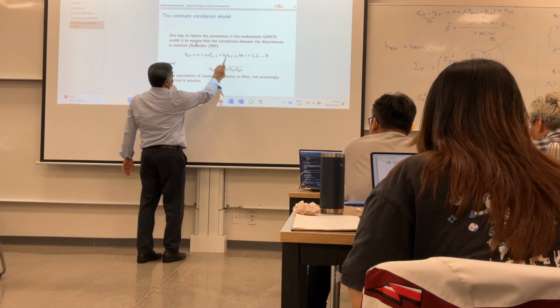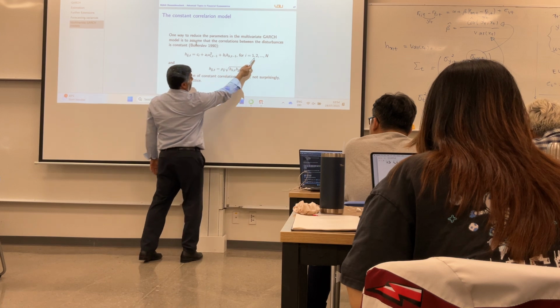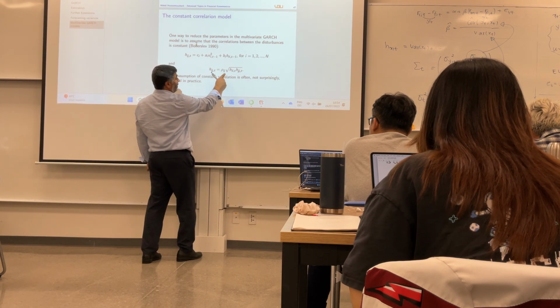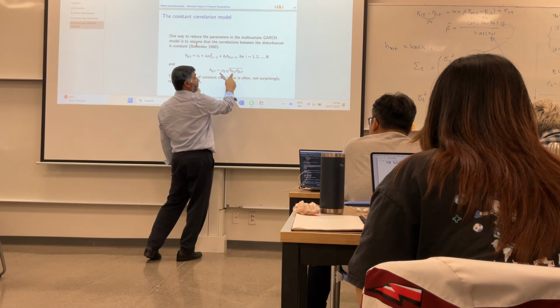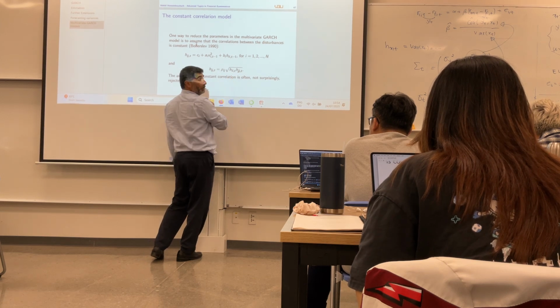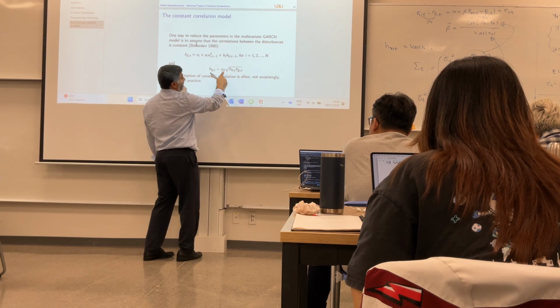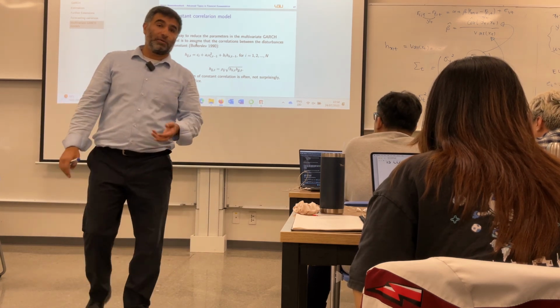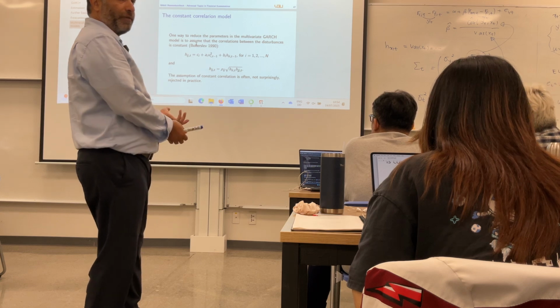So you have 1 asset, 2 assets, or say n assets, so that's ii. Then h_ij will simply come out of this. You take your square roots times some parameter, which is the constant correlation between asset i and j returns, and then you get the covariance.